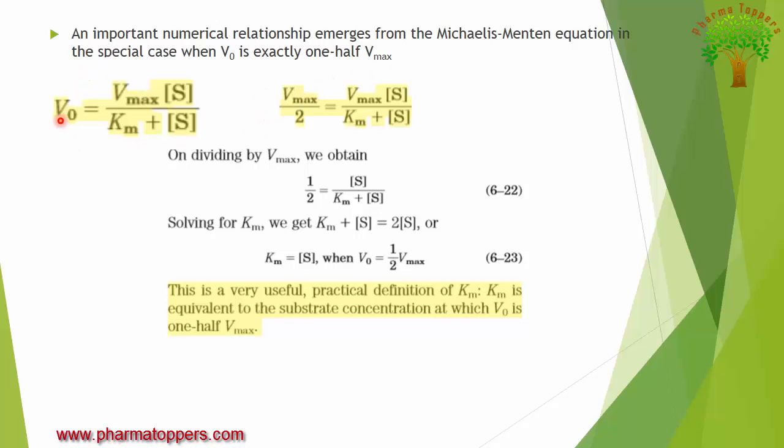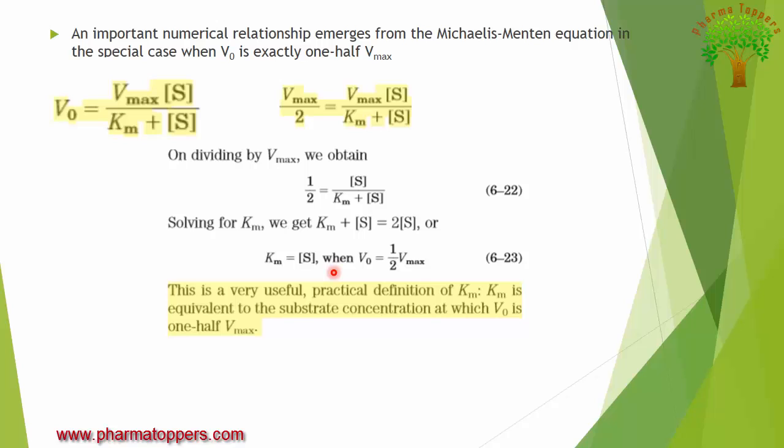So in place of V0 you put Vmax by 2, that is Vmax by 2 equals Vmax S upon Km plus S. So you get 1 by 2 equals S upon Km plus S. Now you solve: you take 2 this side, it becomes 2S equals Km plus S. Now you take S to the left hand side, so you get Km equals S.